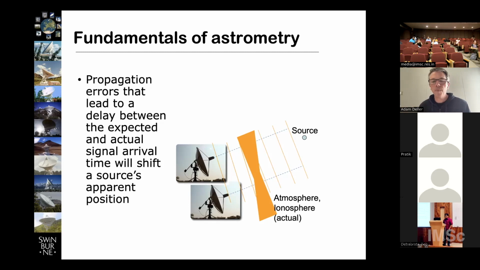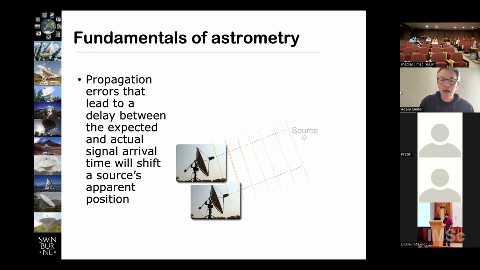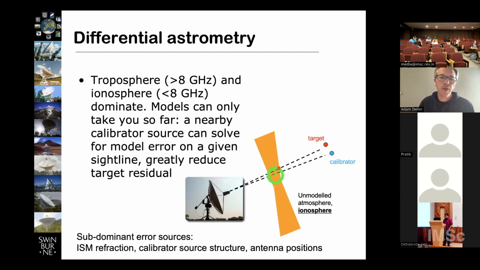That means the signal ultimately arrives with a bit of a delay at the top antenna relative to the bottom. But if that's not in our model, we would propagate back outwards and say, I think my source is coming from over here, and it's actually not. That position shift is a result of our imperfect calibration. If we don't know that a calibration error has taken place, then we will simply measure the wrong position, and that will lead to much embarrassment later on.